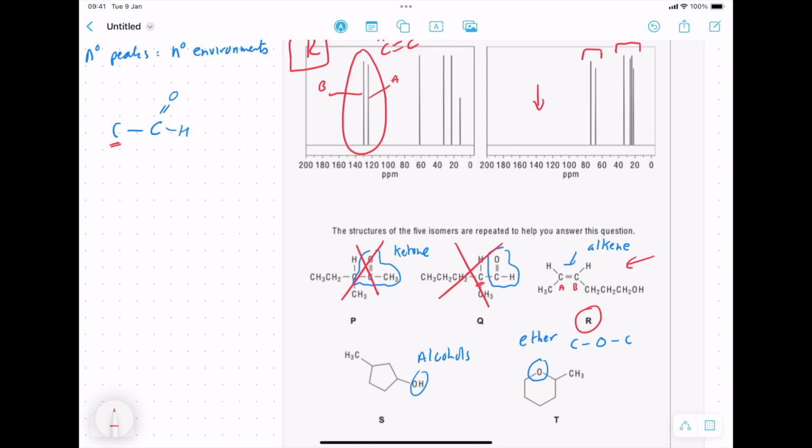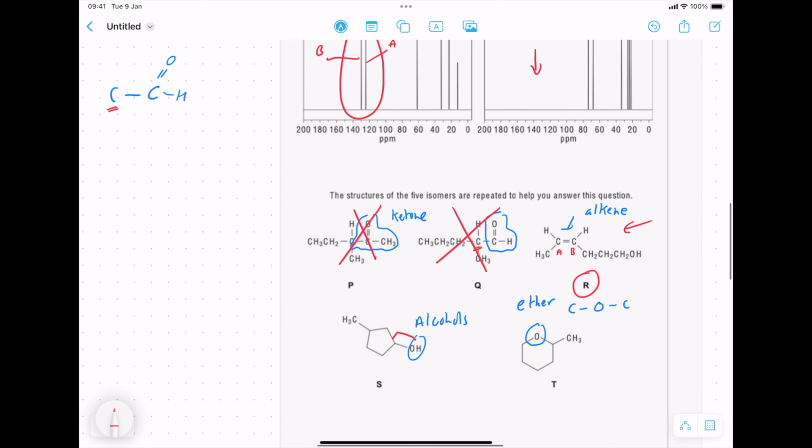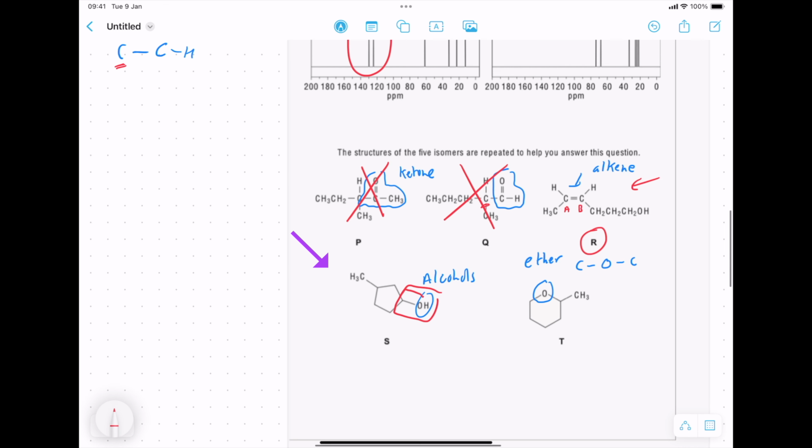So that could be the C-O bond of an alcohol, or the C-O bond of an ether. So how do I know which one it's going to be? Well, I need a bit more information. If we look at this molecule, let's just draw part of it, and we've got this bit there, right?